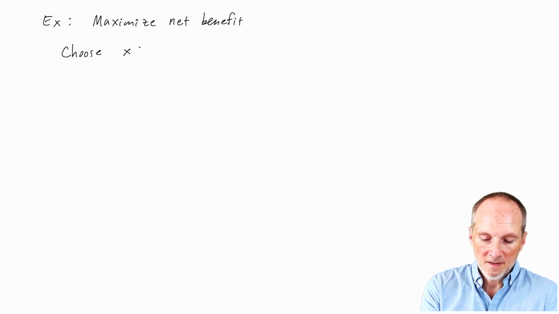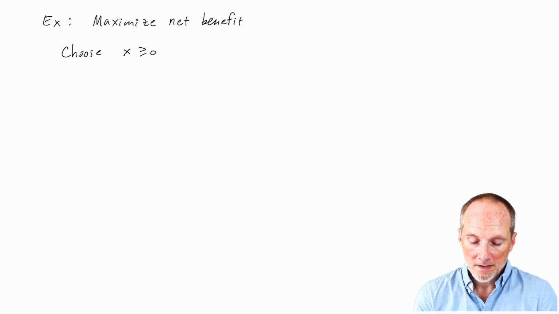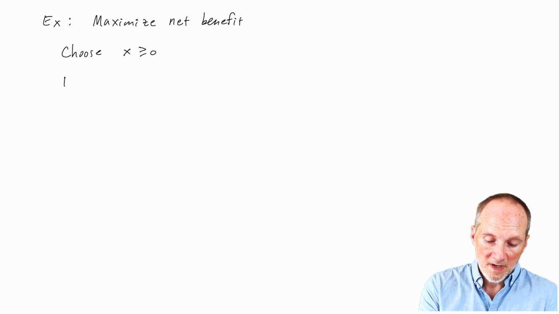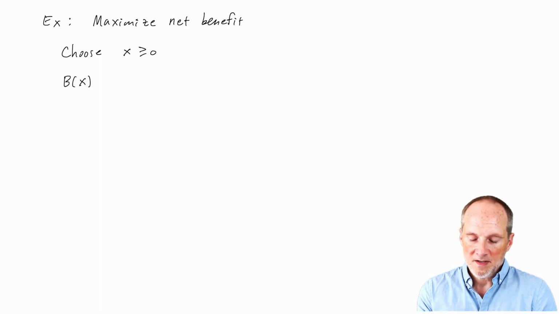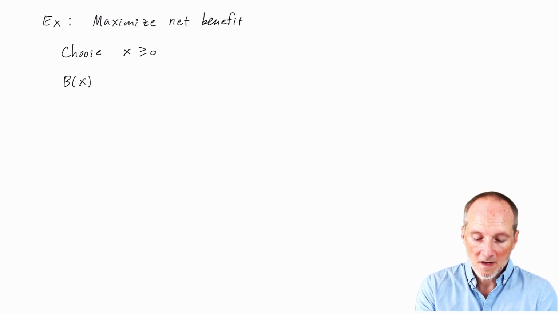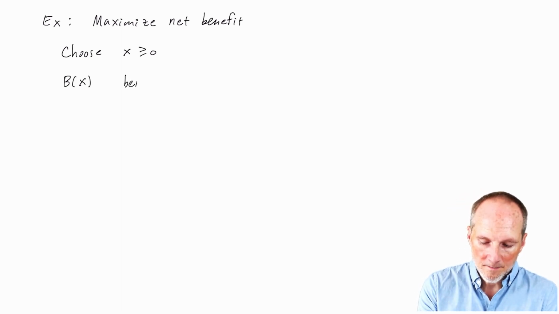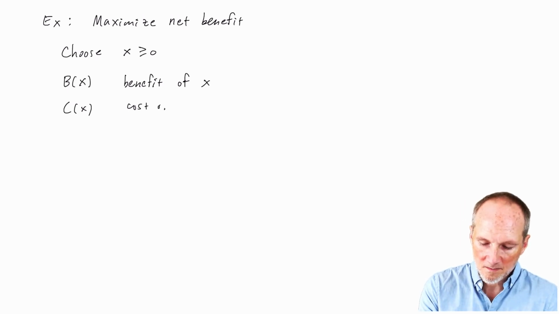We'll use x to denote that, and let's suppose that has to be non-negative. And there's going to be some benefit at any scale level. And you can imagine this is measured in dollars if you want, but just some units. And so that's the benefit of x, and there's going to be some cost of x as well. We just need the benefit and cost to be measured in the same units.